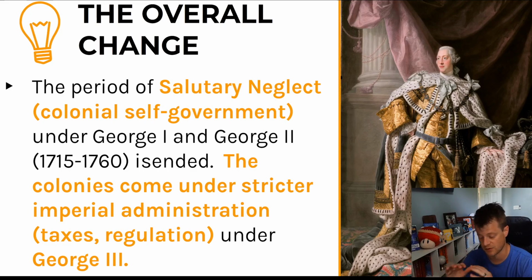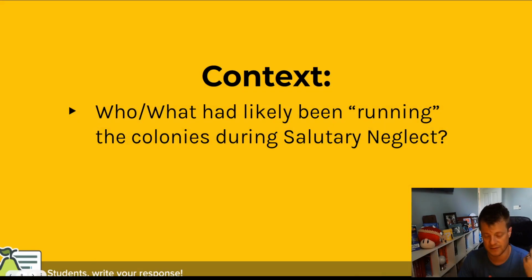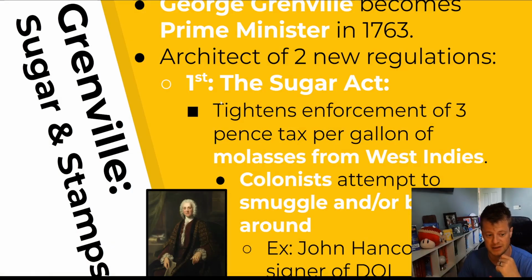And again, the reason is that if you're going to need to start collecting money from these folks, you just can't simply leave them alone, right? There's going to have to be some kind of involvement on a greater regulatory scale. So the colonies have been running themselves under salutary neglect, and this is when things are going to shift, okay?